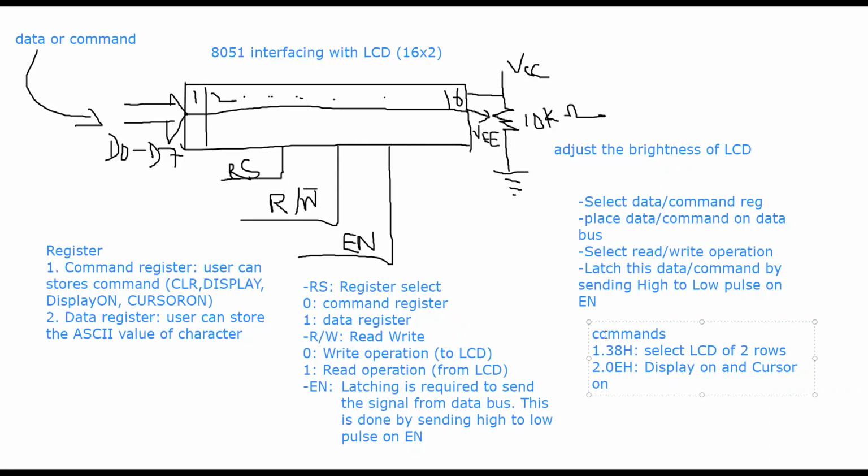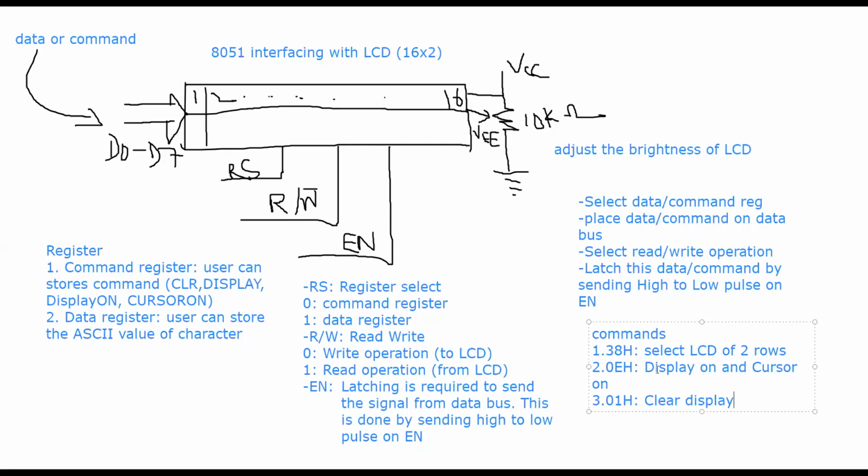Third, 01H in the accumulator means clear display. Whenever you want to display something new, you need to first clear what is being displayed. That time you will put 01H in the accumulator.